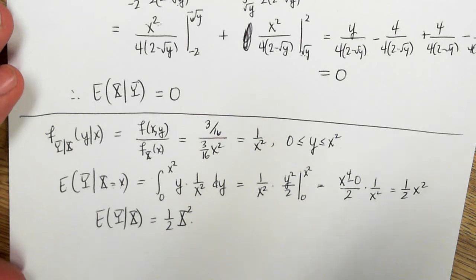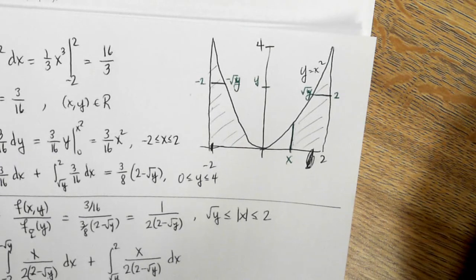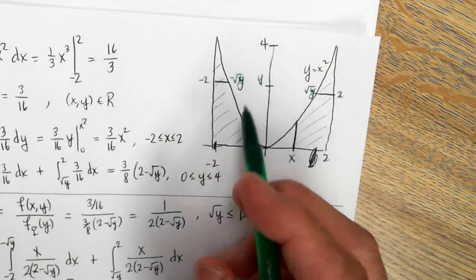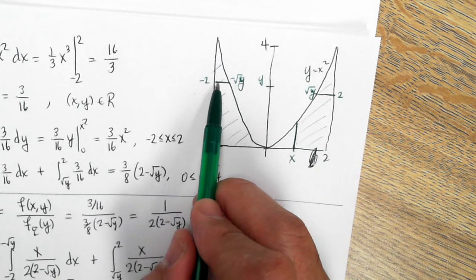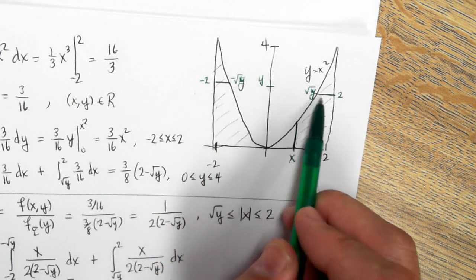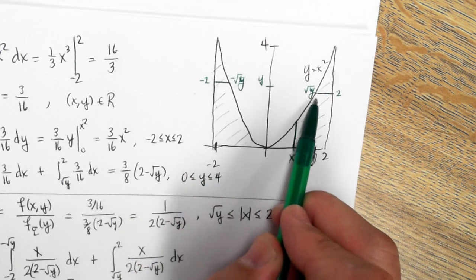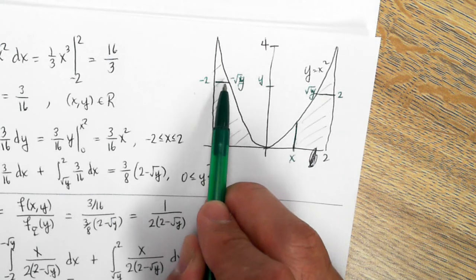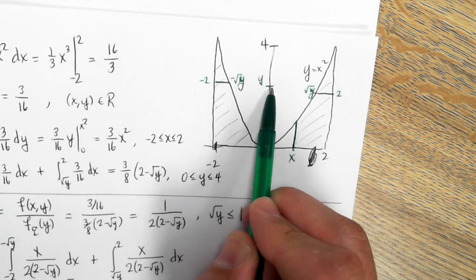Now at the start of the video I teased that for this particular problem, we could have guessed this without doing any work. So let's take a look back at the picture. First off, suppose the value of y is known. Then this thing is uniformly distributed. So this part out here balances this part over here. If I have something that is uniformly distributed over both of these, it can be equally likely to be here or here, so the average clearly has to be 0 by symmetry.